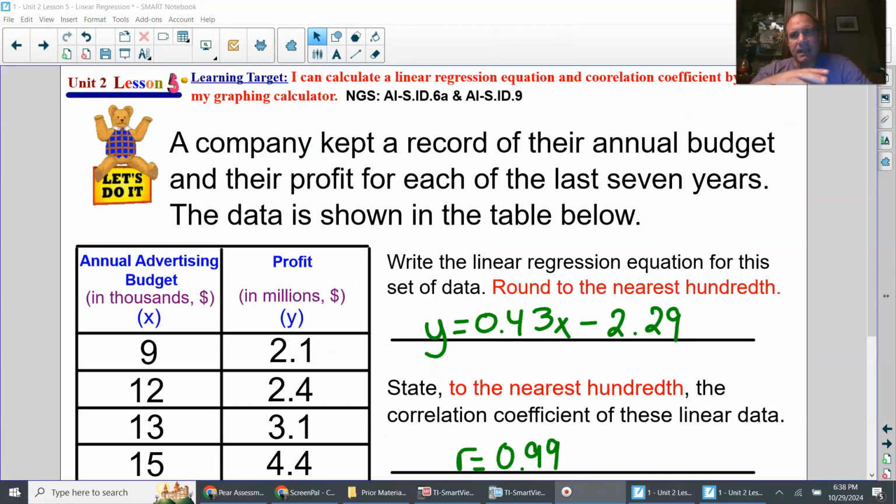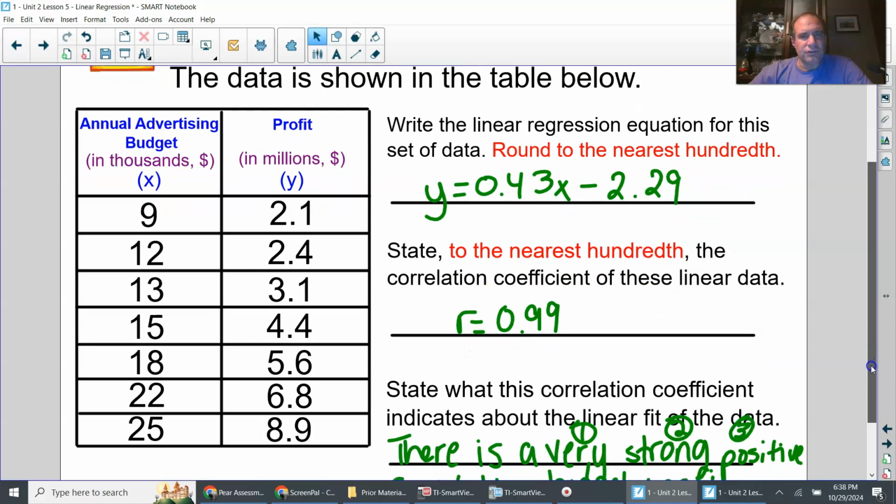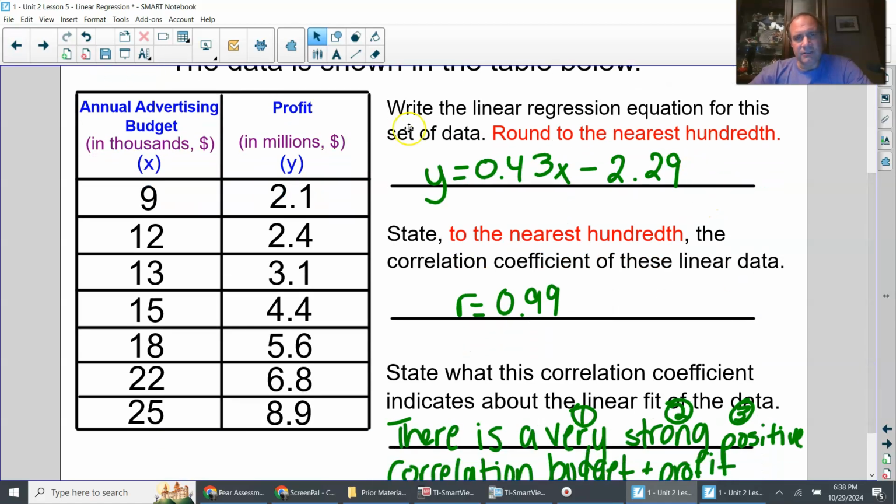This was an extra question. We would put the annual advertising budget in L1 and the profit in L2. You would get, these are the answers, the linear regression equation for this set of data, round to the nearest hundredth. Realize that they're going to say round to the nearest hundredth or tenth or whatever, just follow directions.